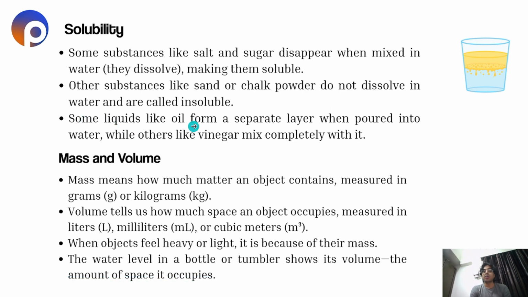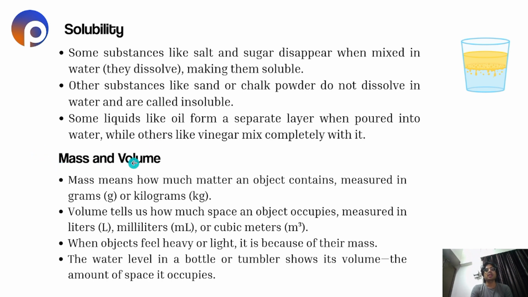Some liquids like oil form a separate layer when poured into water, while others like vinegar mix completely with it. So there are some liquids like oil which do not dissolve in water. So oil is also a kind of insoluble substance.